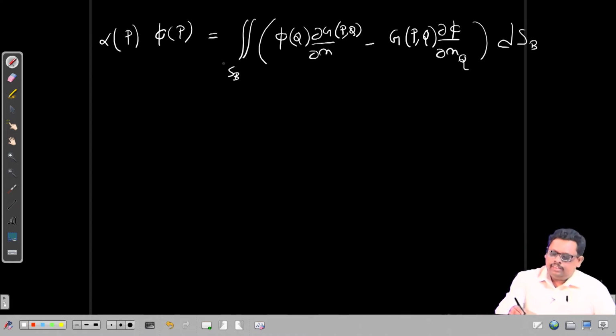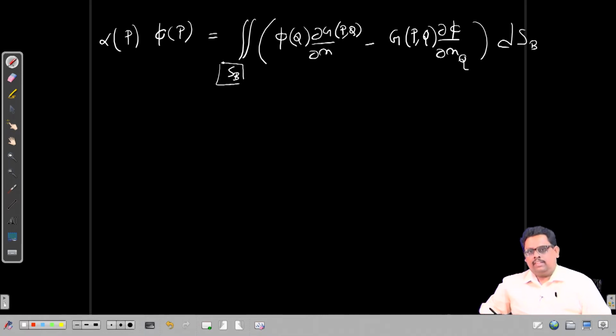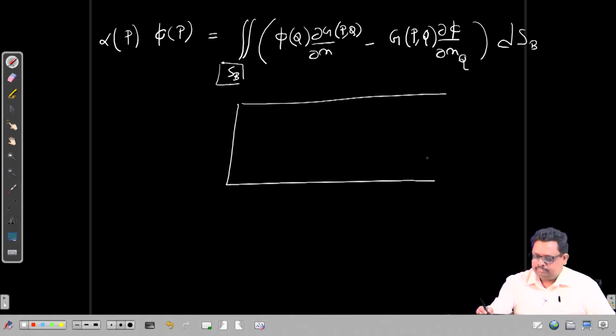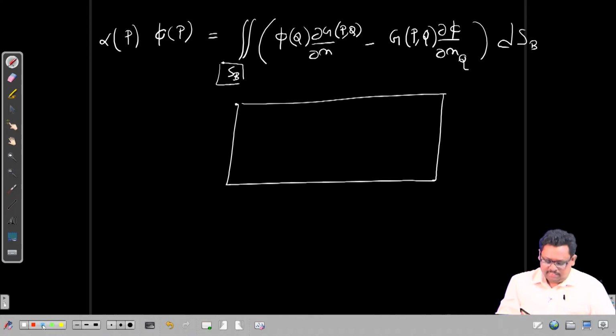Now, very important, we need to discretize this boundary. If I try to draw a two dimensional boundary, this is my boundary, and at the top there may be some waves, and in these waves you can put some body also here.